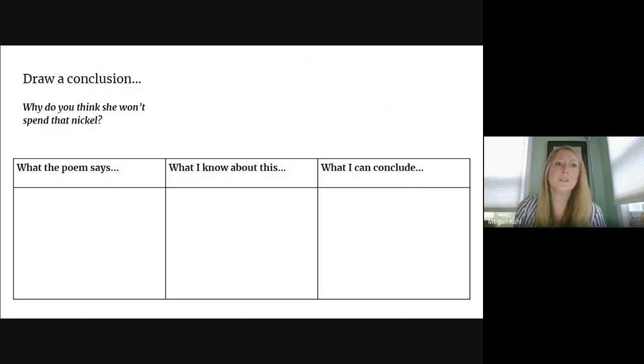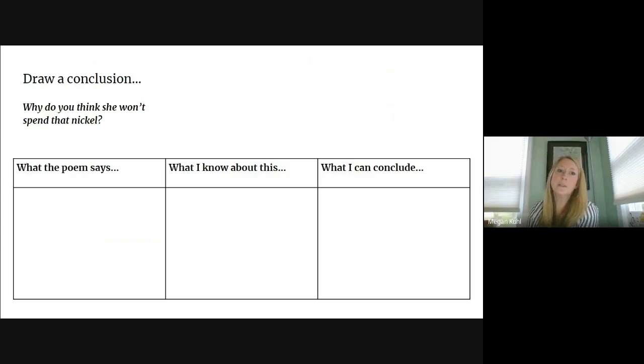So I want you to look at this graphic organizer again, and I want you to think, why do you think she won't spend that nickel? And if you want to try this on your own or with an adult that's with you, you can either print the graphic organizer that's on your learning path, or you can just simply take a piece of paper and divide it into 3 parts like this.